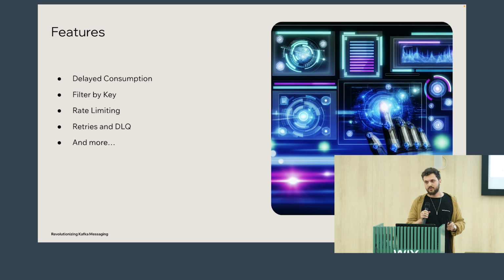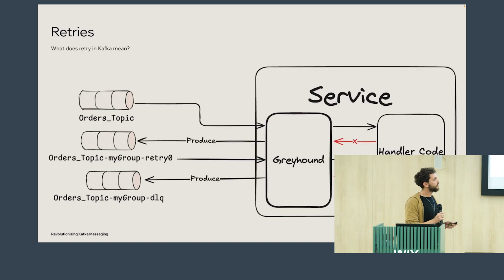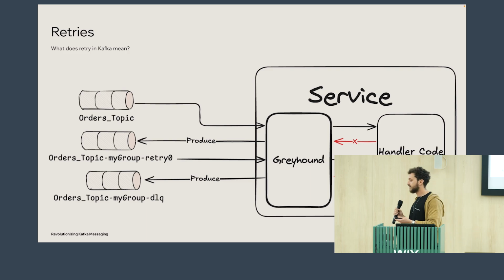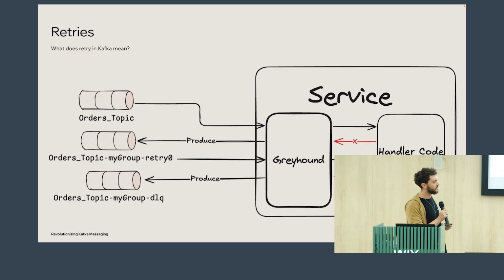I'm not going to talk about all of them, but I am going to expand on two really cool features. These features are not complex, but they're not trivial either. One of them is retries. The way that we implement retry is, I think, really nice. I hope that if it's relevant for you, the ideas here can inspire you to take them for your own services. Feel free to take pictures and take the ideas.